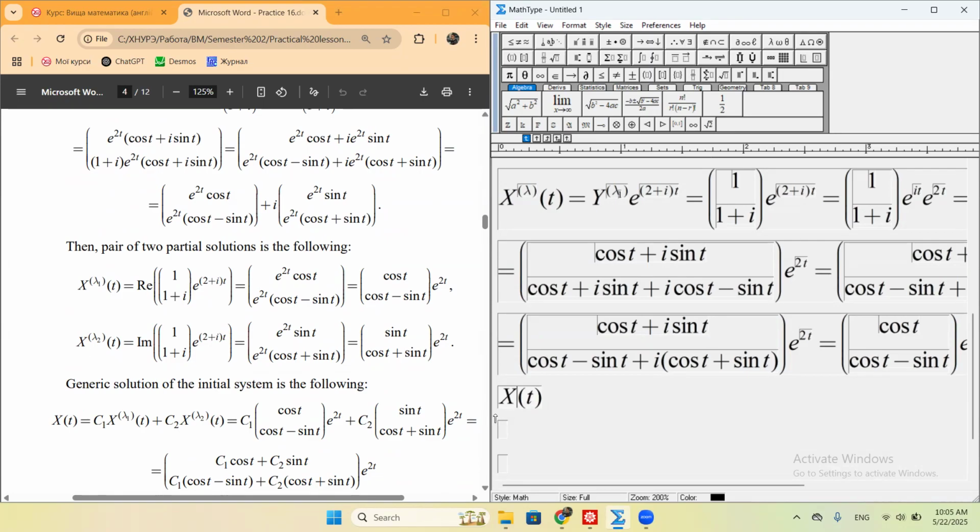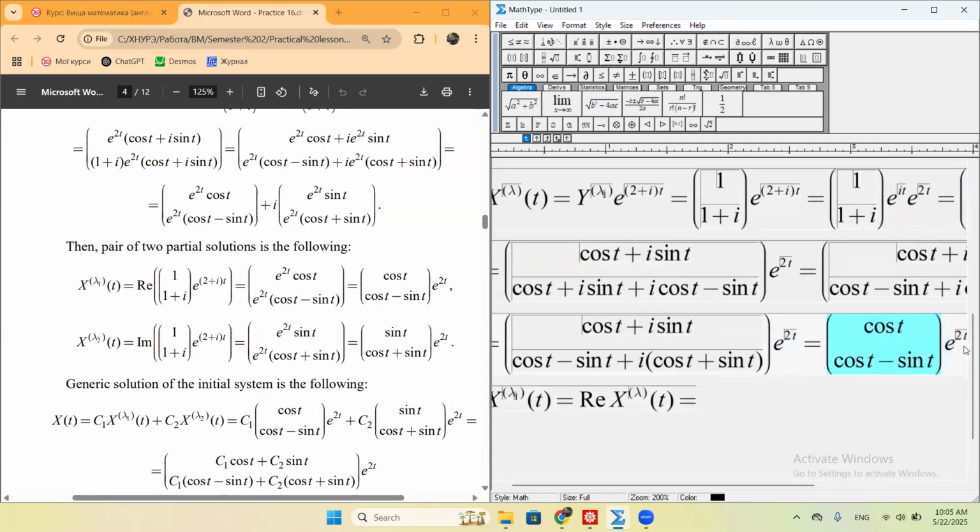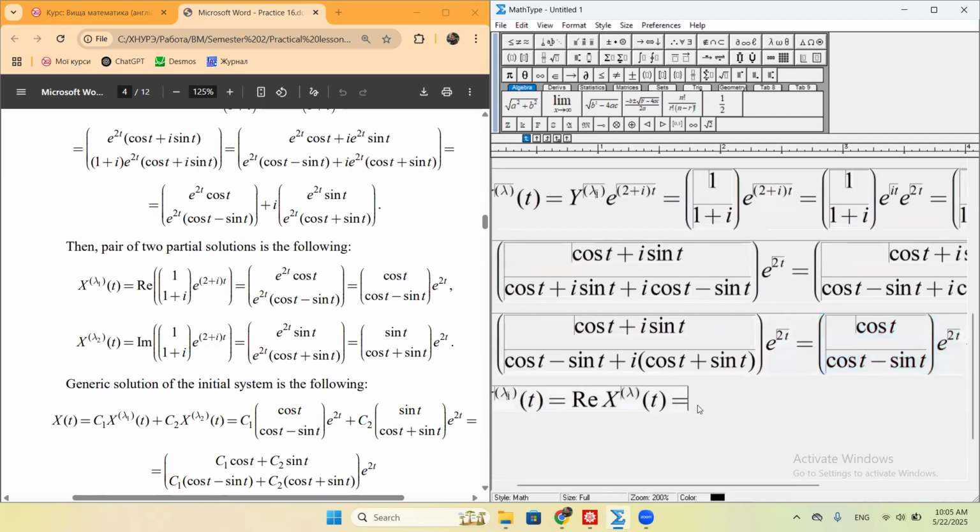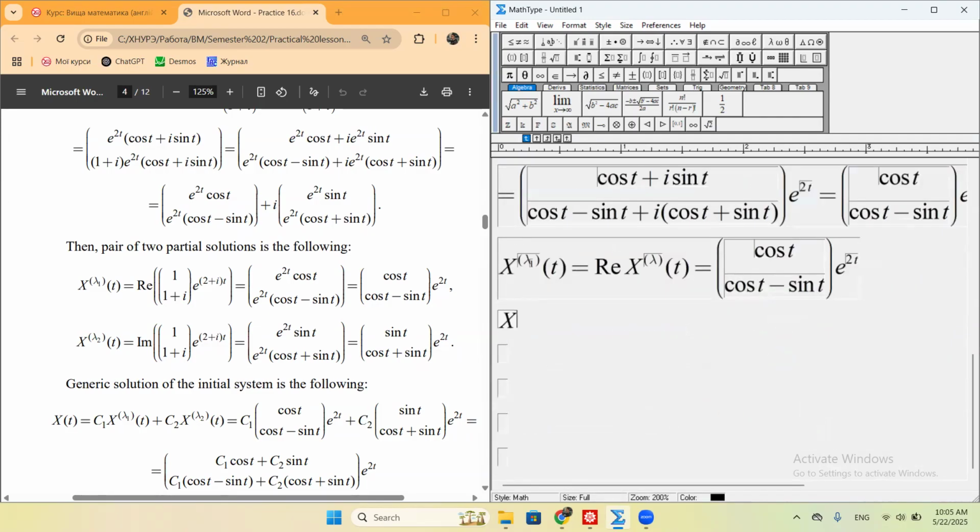So x with index lambda 1 of t equals the real part of this expression. So it equals this. And the second x, which corresponds to the second lambda, equals the imaginary part of this x.